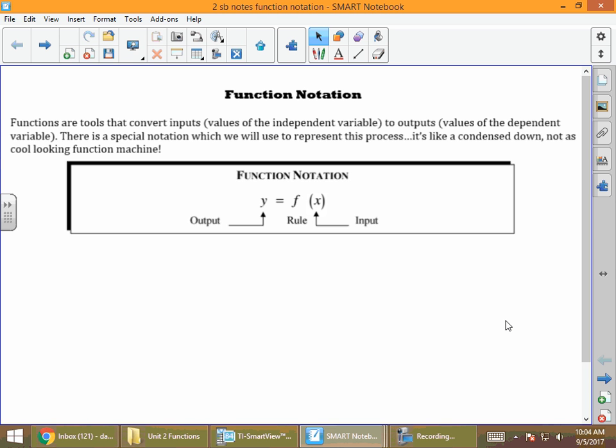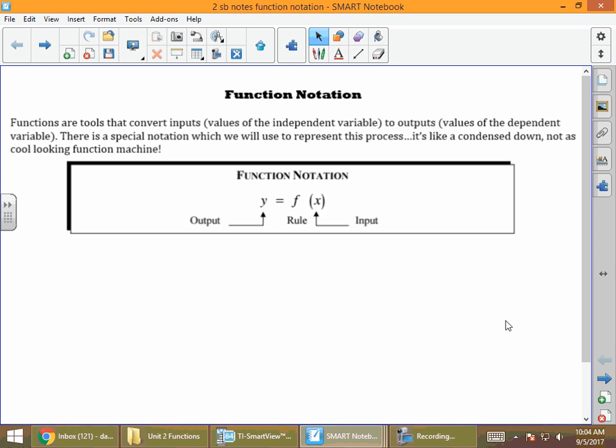We're going to put something into the function to determine what comes out of the function, and different teachers have different ways of saying it. But this f right here, first of all, it's read y equals f of x, is what I call the name of the function.